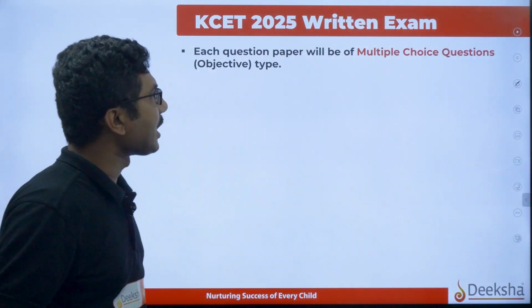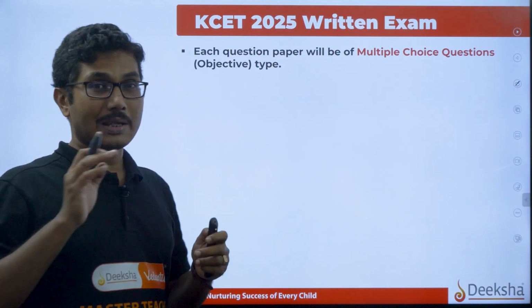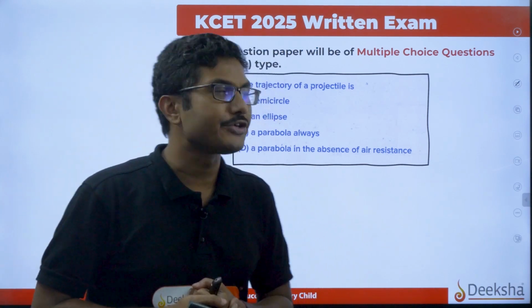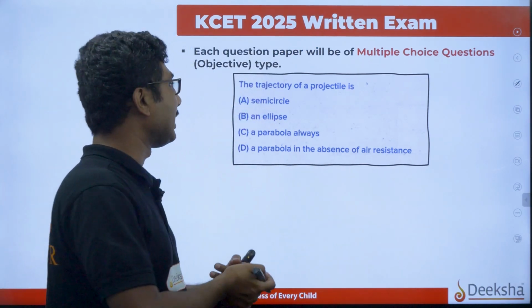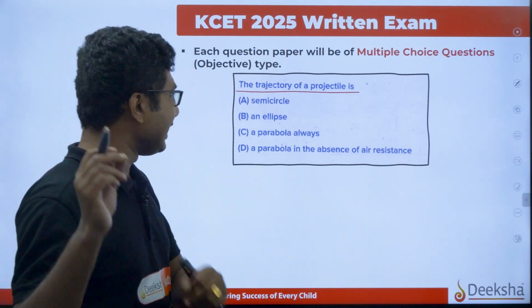Each question paper will have multiple choice, objective type questions. Now what is the meaning of an MCQ or objective type question? An MCQ generally has a question, for example, the trajectory of a projectile is.